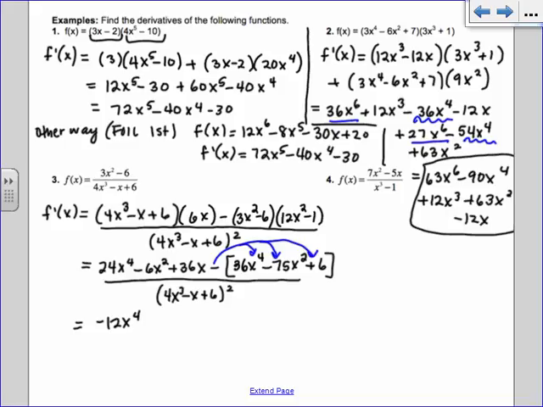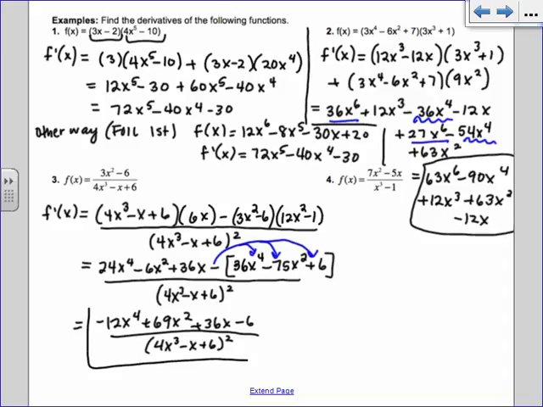And then I have negative 6 plus 75, so plus 69x squared. 36, that's all by itself, so plus 36x, and then minus 6, all over the denominator. All right, that's our answer. Yeah, don't factor.